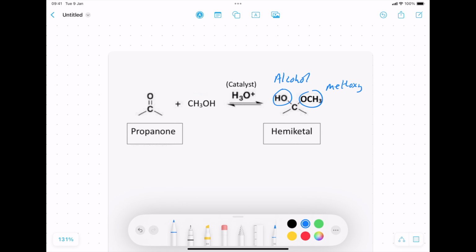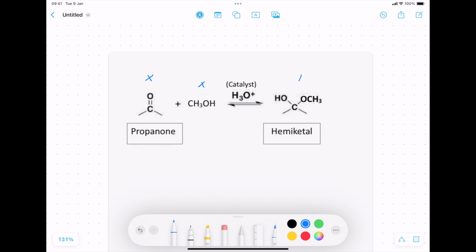And with any form of addition, like with electrophilic addition as well, you always have two things becoming one thing. That is sort of the basis for the mechanism.